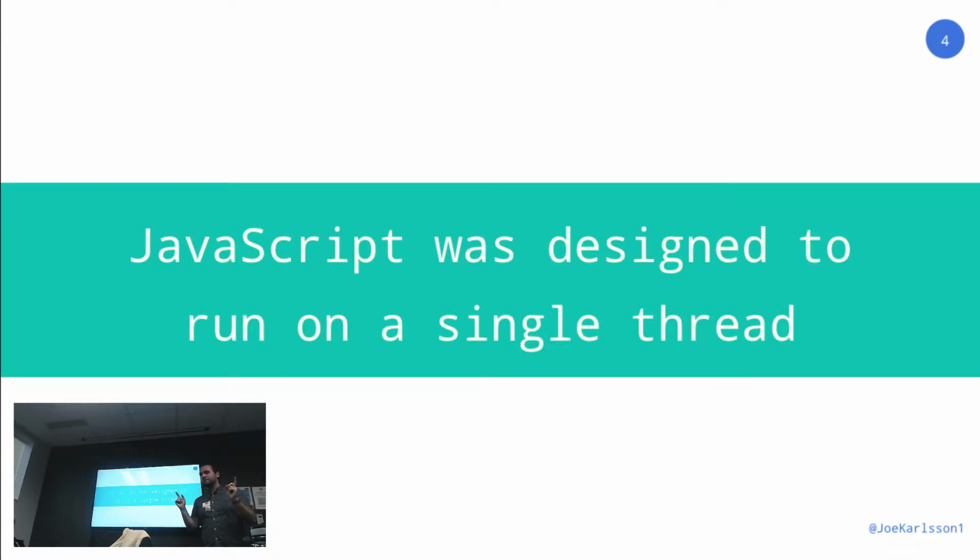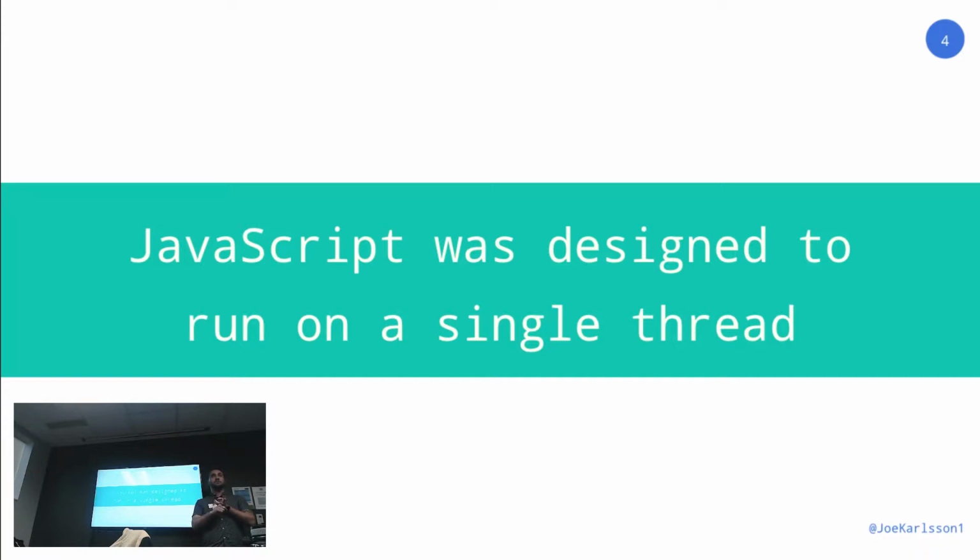So, what is a thread? Can anyone tell me what a thread is? I have a guess. A single line of execution with a constrained memory space. Yeah. And has anyone heard of multi-core, quad-core, right? Most computers have multiple cores, and each core is capable of handling a single thread at a time.